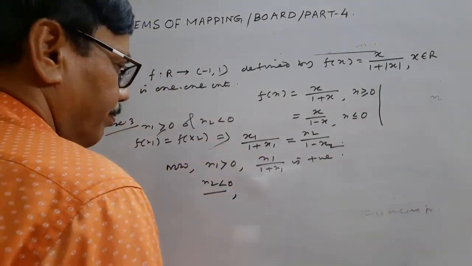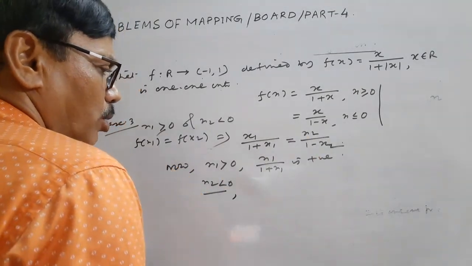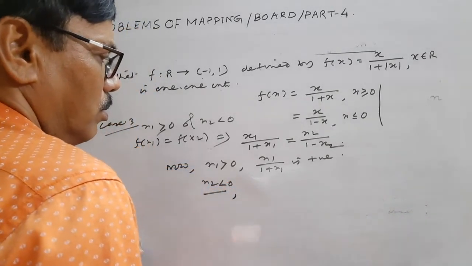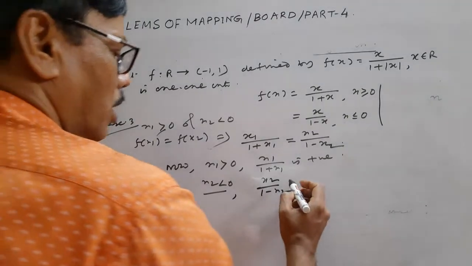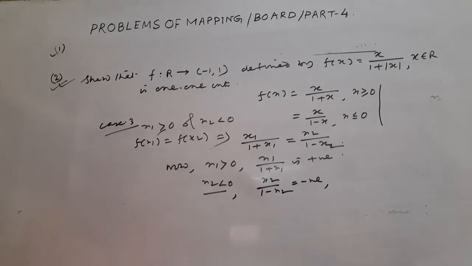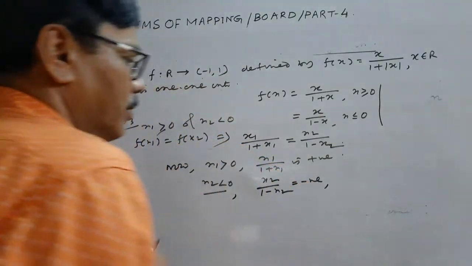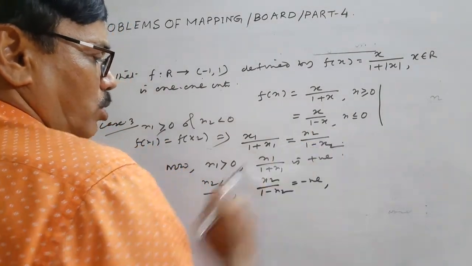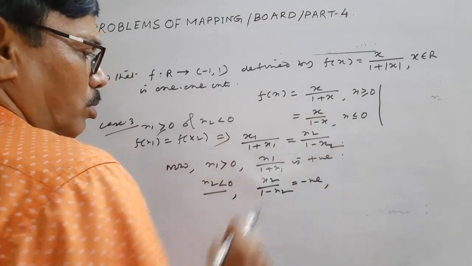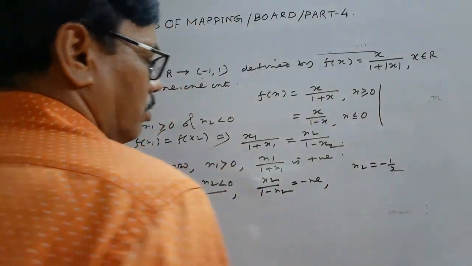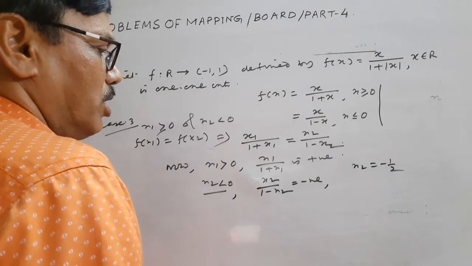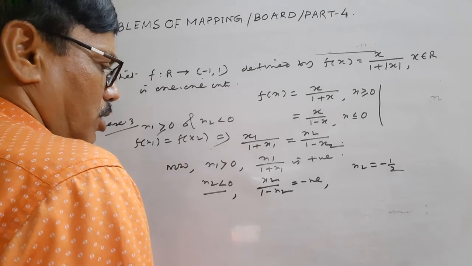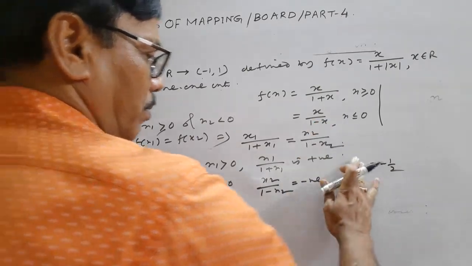For x2 less than 0, x2 by 1 minus x2 is negative. For example, if x2 equals minus half, then the numerator is negative and 1 minus x2 is positive, so negative by positive equals negative.